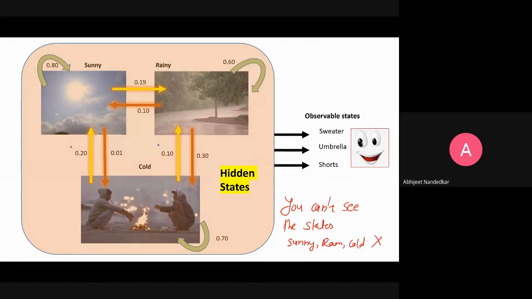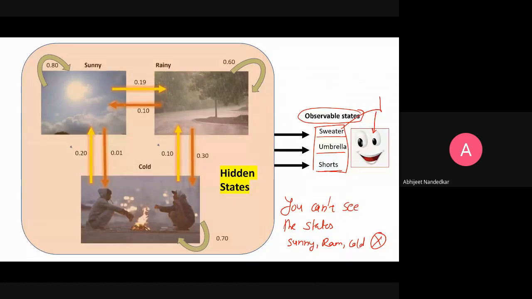This you cannot see. But what you can observe or what you can see, those things are called observable states. The observable states, what you can see, is whether a person is coming with a sweater, he is having an umbrella, or he is coming in shorts. These, suppose, three things you can observe.